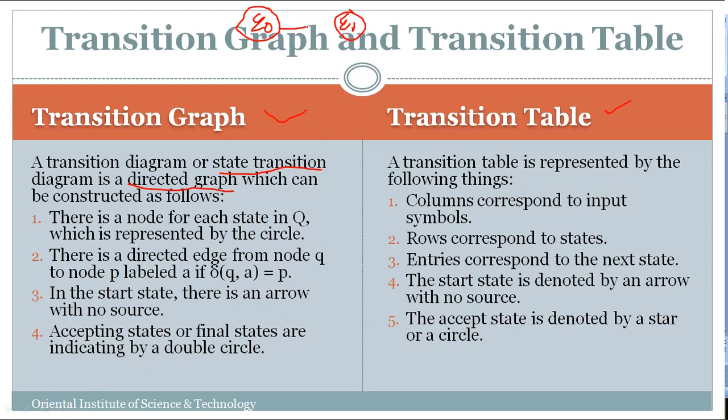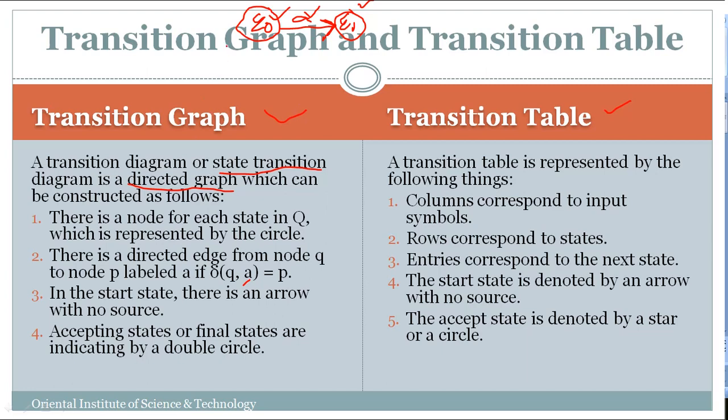This is a transition: there is a directed edge from some node Q to node P labeled A if there is a transition from Q to P on input A. In this example, with Q0 and Q1 as states, if we are on Q0 and get input small a, we can reach Q1. Like this, the transition links are directed links shown in the transition diagram.